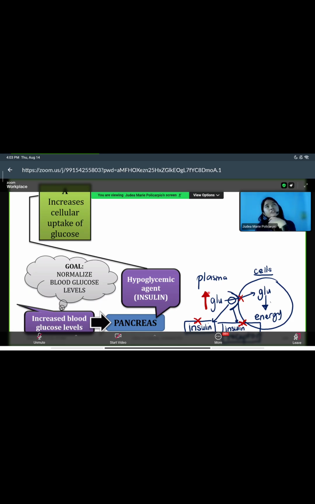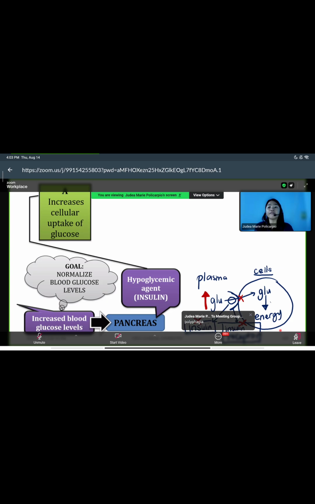Now, this is now the reason why people with diabetes would have three typical letter P's. Familiar pa ba kayo sa three P's ng diabetes mellitus? Okay, ano ba yung tatlong P's ng diabetes mellitus? Actually, sa mga latest na libro, apat na daw yan eh. May polyneuropathy pa sila. Pero either way, apat yan. Pero dito for the meantime, tatlong P's lang muna ang pag-usapan natin.